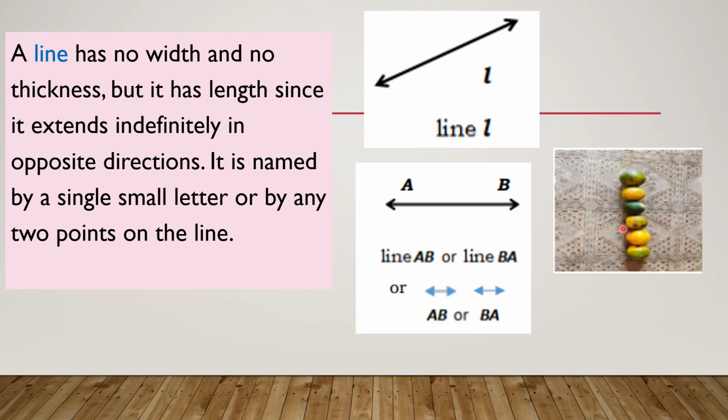And then in our previous example, we asked: what if we connect all the small lemons? What will it form? Our lemon here represents a dot.